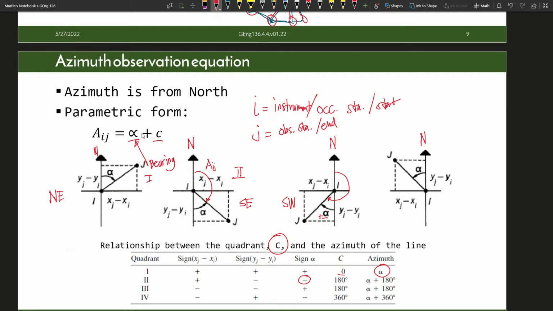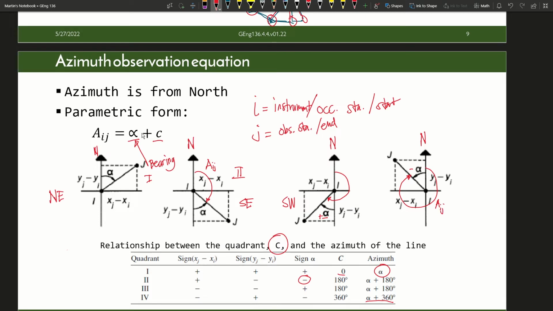And if the line lies in the northwest quadrant, therefore your alpha or the bearing is negative, then you add 360. So alpha plus 360 would be less than 360. Okay? So kindly remember this one.